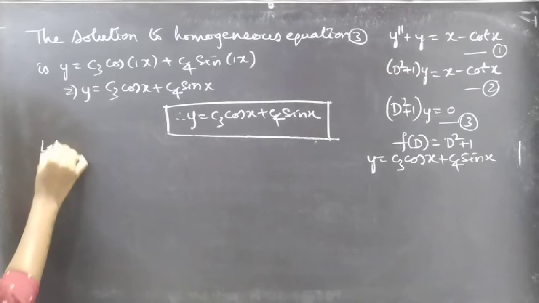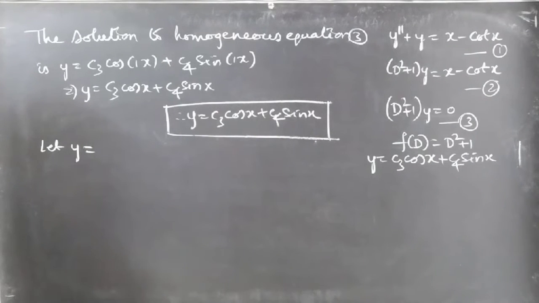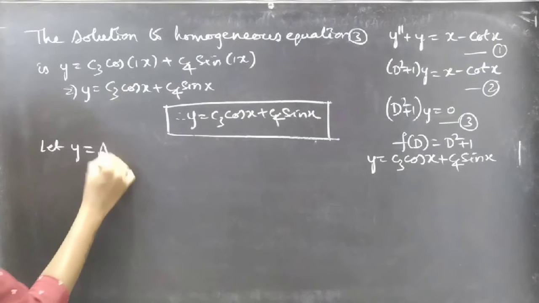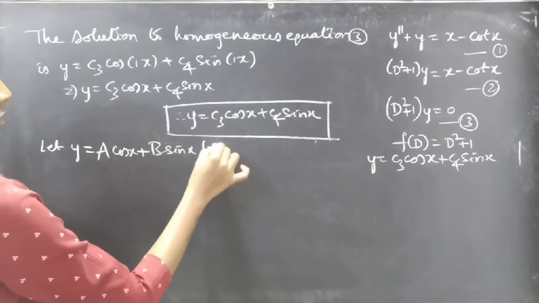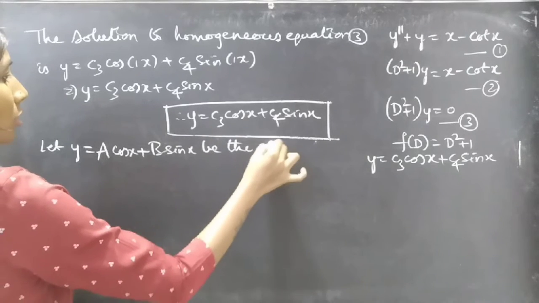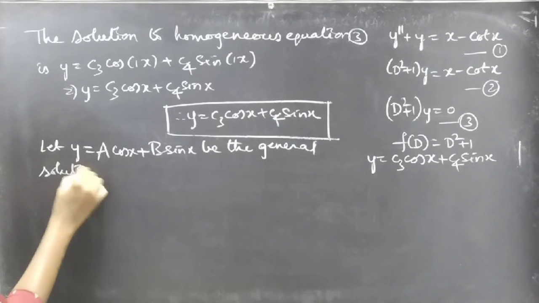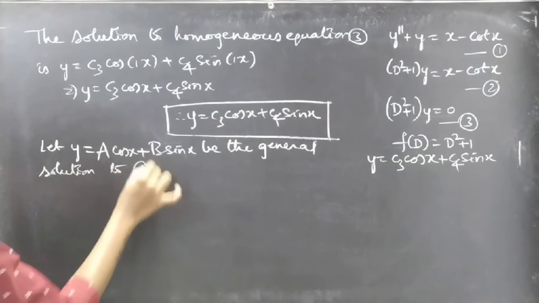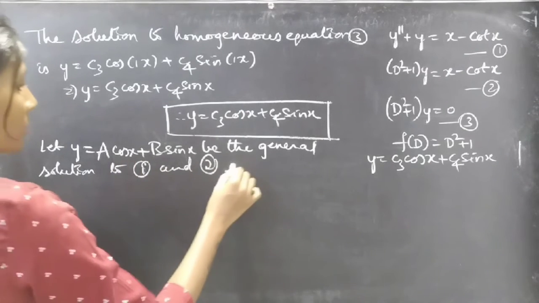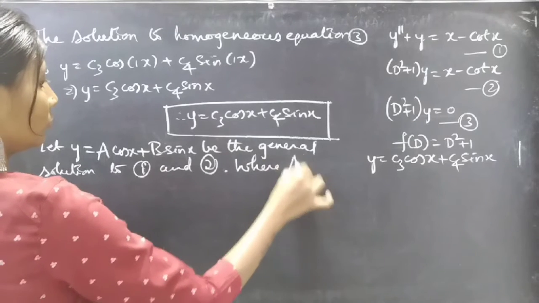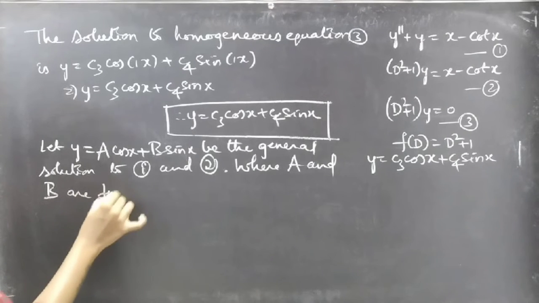Let y equal to, now replace the constants or parameters with some functions of x, a and b, then we'll get y equal to a cos x plus b sin x be the general solution to the given problem, or to 1 and 2 we can say, where a and b are functions of x, right?